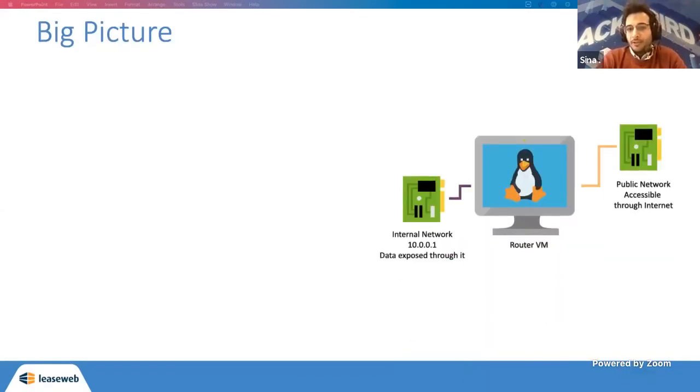Consider an isolated network. The router VM has one public interface and another internal interface. For simplicity, I assume its IP is 10.0.0.1. We will expose the data through this interface, because, as I mentioned earlier, we don't want to expose the data to the internet.